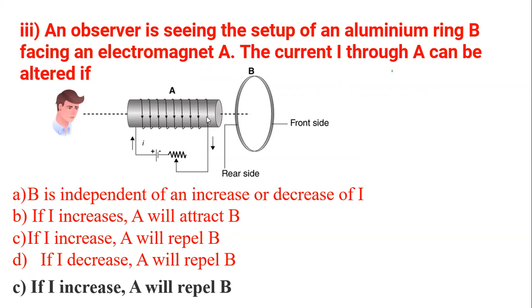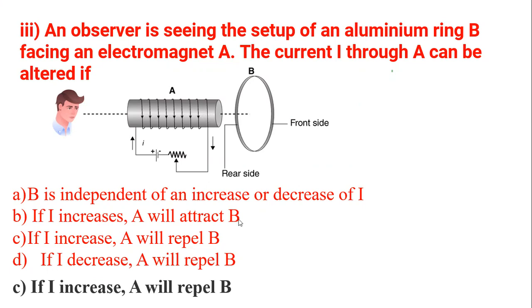Here, why is option C given as correct? Because if more current is flowing, there will be a repulsive force produced between the coil and the electromagnet. If you want, go through Lenz's rule, which you studied under the hand rules.